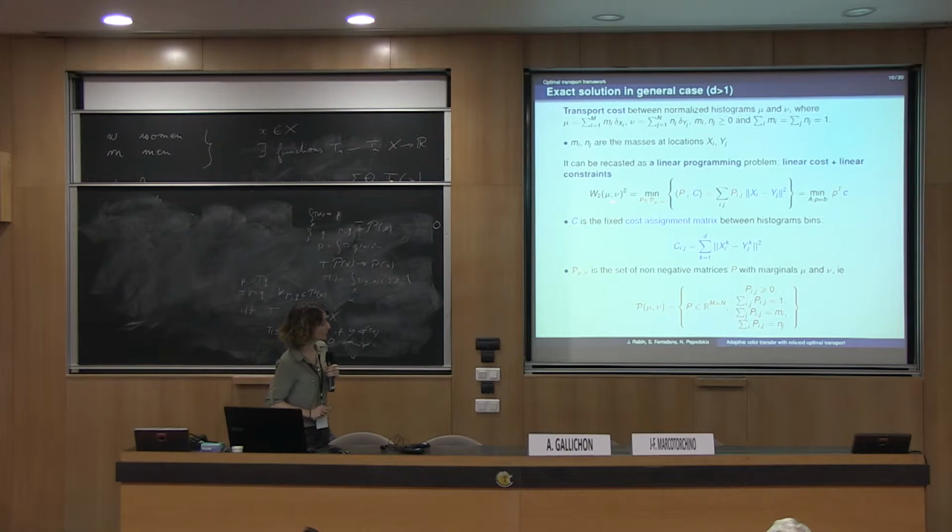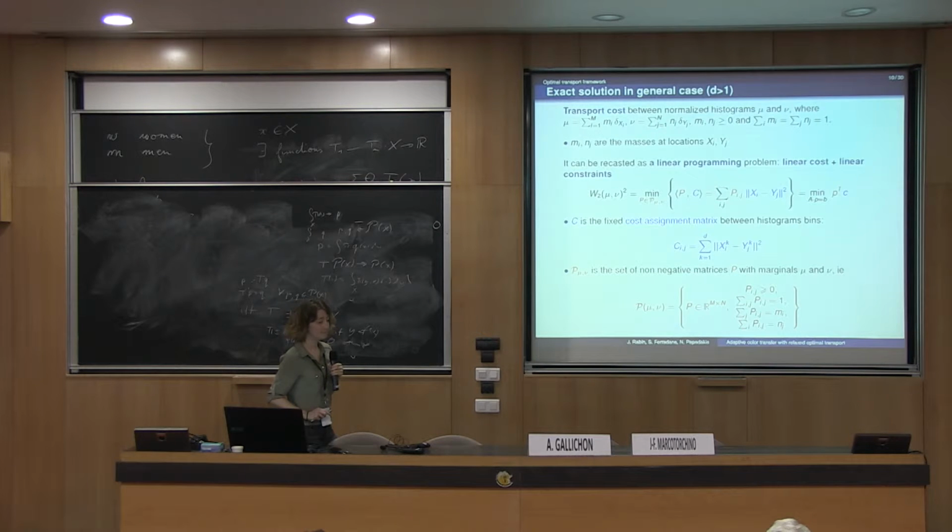The overall cost is going to be, we want to find the P matrix, a probability matrix, that minimizes this expression here, where this is the cost matrix. So the cost between the point xi and yj is going to be defined like this.